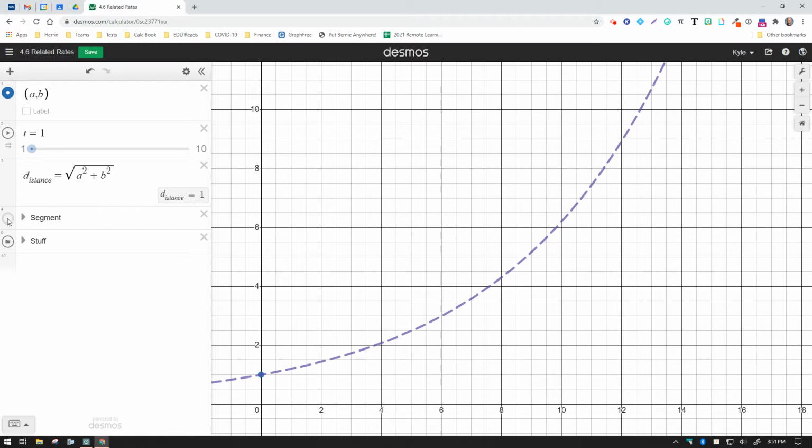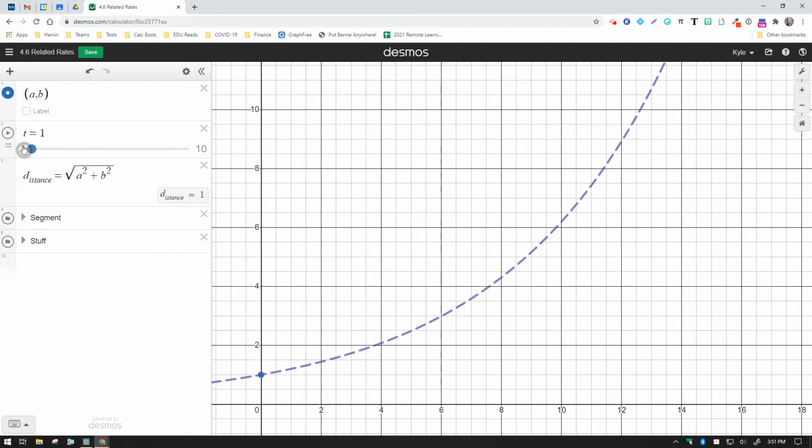So let's take a look at that on the Desmos graph. So if we put in that segment and then watched that segment change again, there's the line segment. It's in black. It stretches from the origin 0, 0 to the point, the blue dot, a comma b. In our case, it's x, y from the notes. And notice that again as we watch it grow, it's a little bit slow here towards the end as time gets closer to 10.